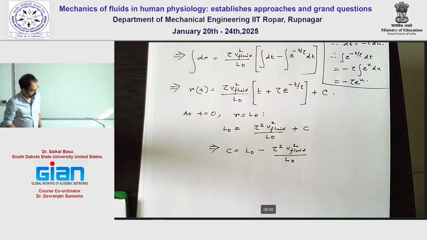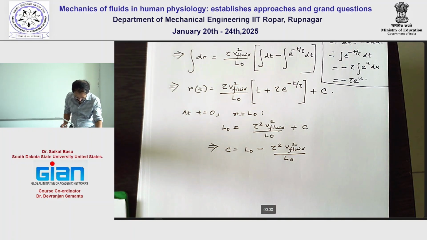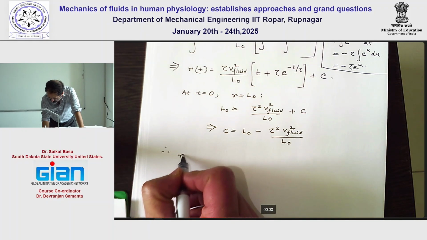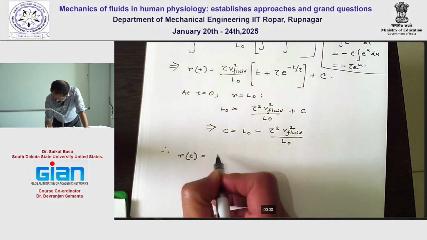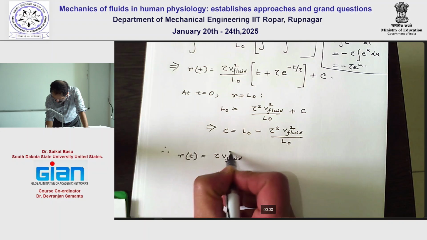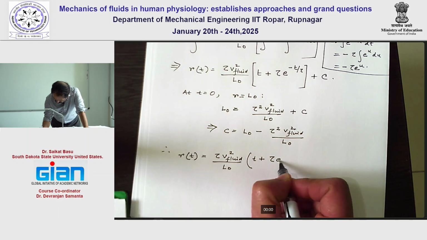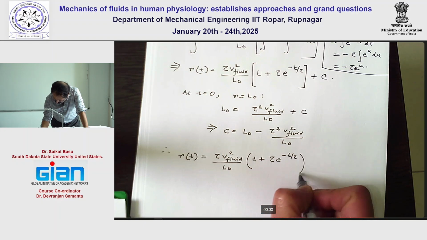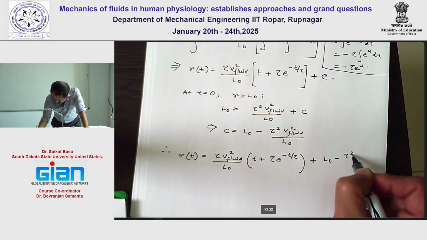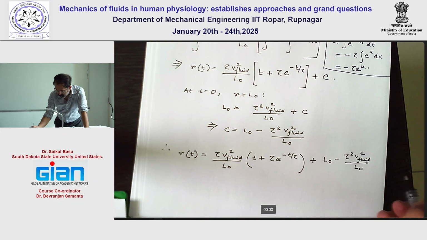Right? Okay, let's now put this back in this equation and try to simplify this a little bit. So r(t) is tau v fluid square over L naught t plus tau e to the power of minus t over tau plus this c, which is L naught minus tau square v fluid square by L naught.